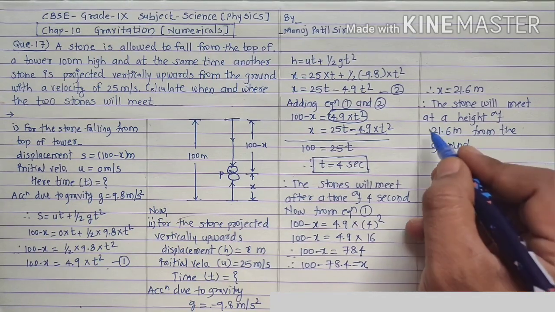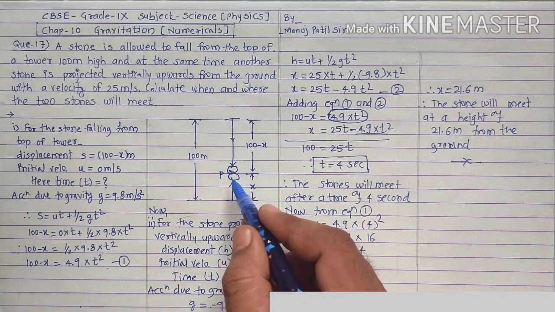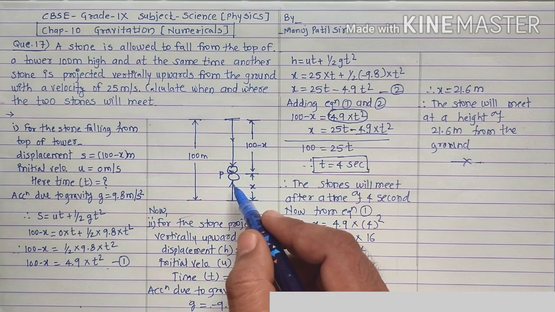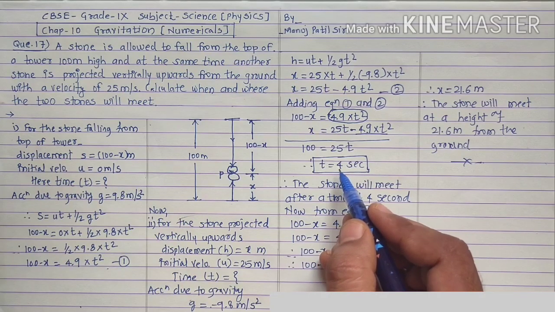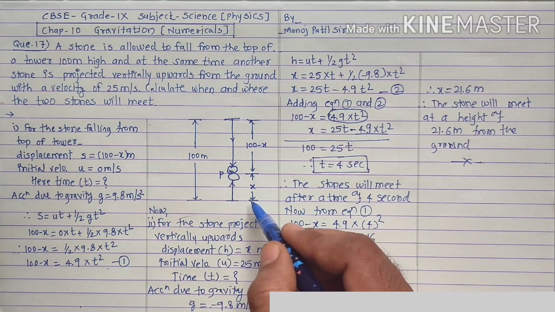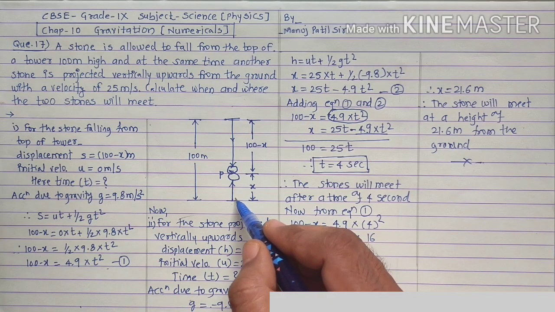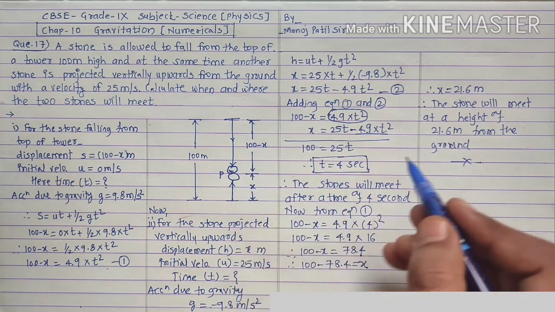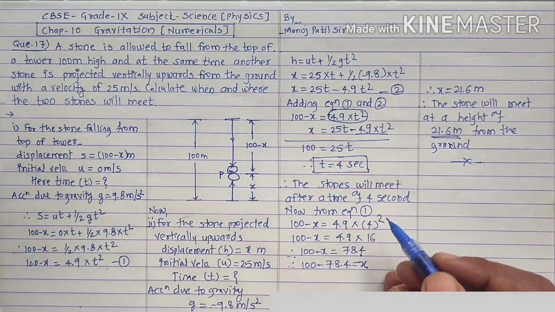So this way we have found at what time both stones will collide with each other. Both stones will collide after 4 seconds. But the height covered by the stone which is moving in the upward direction is 21.6 meter. Hope you understood this, dear students.